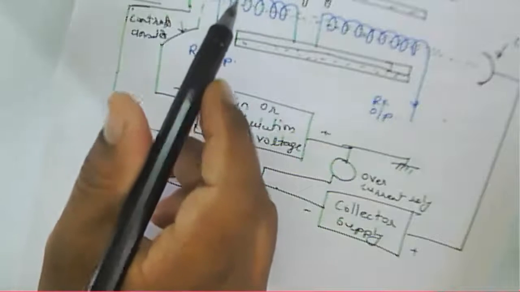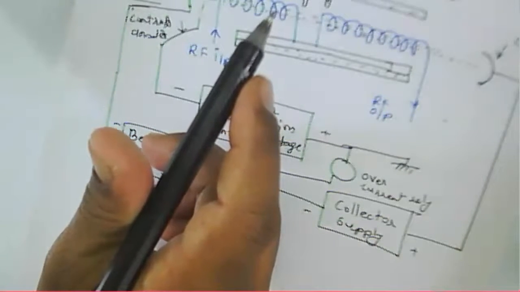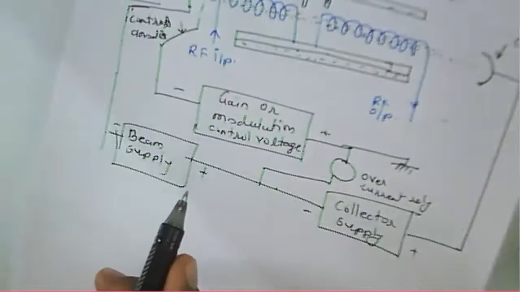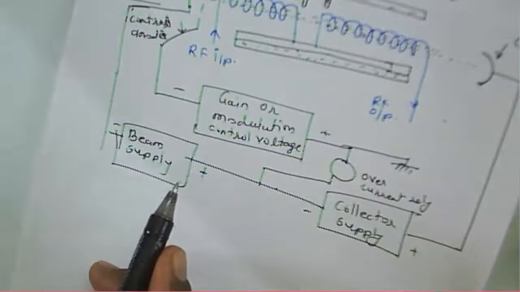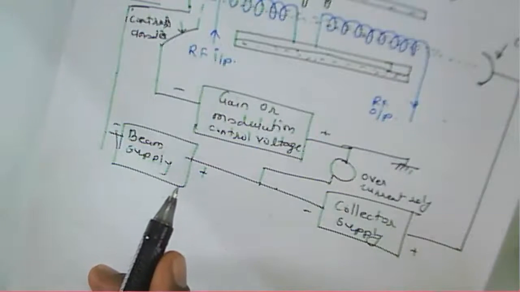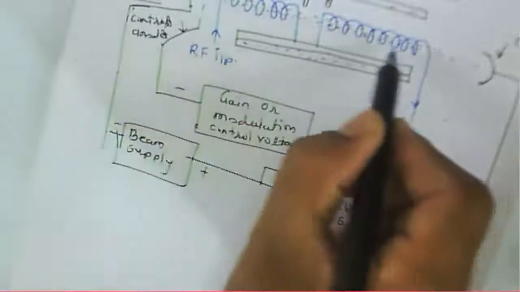Then and only then does interaction with the field take place. Otherwise, the interaction with the RF field will not occur. That is the helix structure, or the slow wave structure. So the electron is propagating through this, which means this is your electric field.